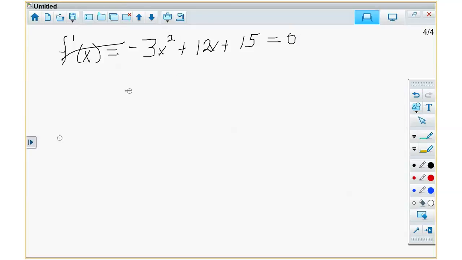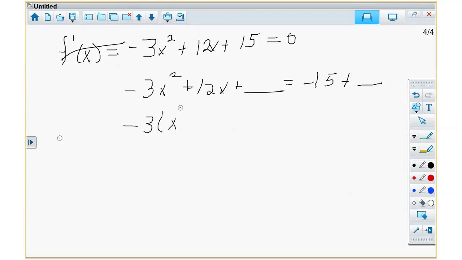And that's going to give us negative 3x squared plus 12x plus blank is equal to negative 15 plus blank. Negative 3 x squared minus 4x plus blank is equal to negative 15 plus negative 3 times blank.